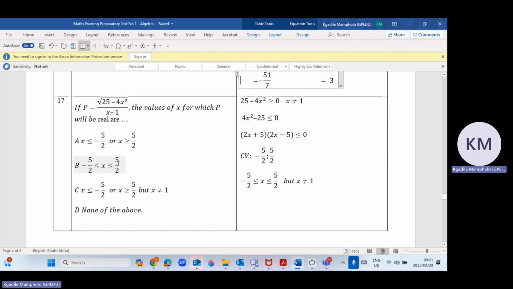So for the fact that we didn't reject x equals to 1, none of A, B, and C are correct. So none of the above is the solution in this case, because in B we didn't reject x equals to 1. So none of the above is correct.